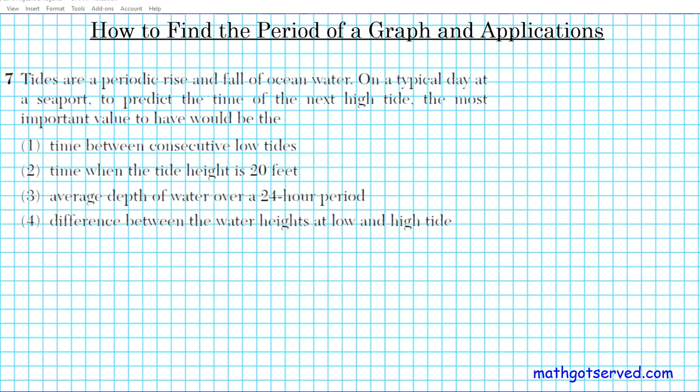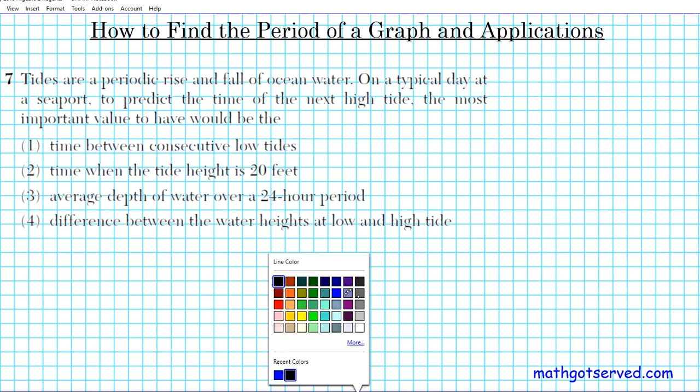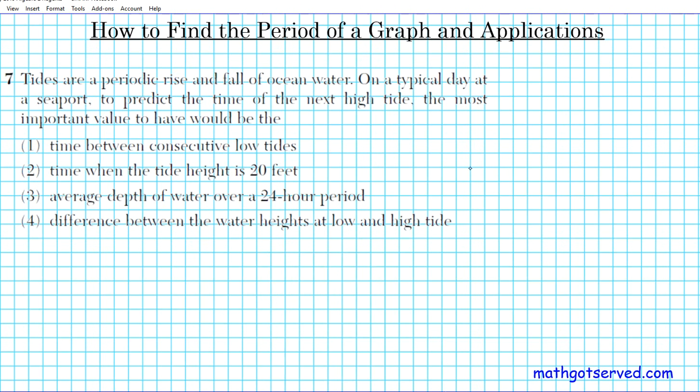Now let's go ahead and write down the component of the graph that's going to help us with this problem. So you want to recall what the period is. The period has a special significance when you're dealing with periodic functions. We have a periodic function here because the ocean water is oscillating between highs and lows. So what is the period?